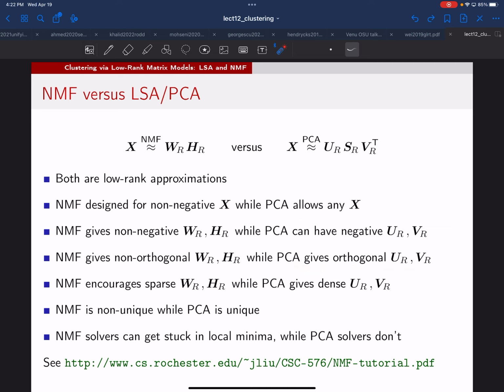NMF encourages sparse terms here, as we saw, whereas PCA gives you dense terms. NMF turns out to be non-unique, whereas PCA is unique. And NMF solvers can get stuck in local minima, while PCA solvers don't. So there are a lot of differences between them. For different applications, you might want to use different ones.